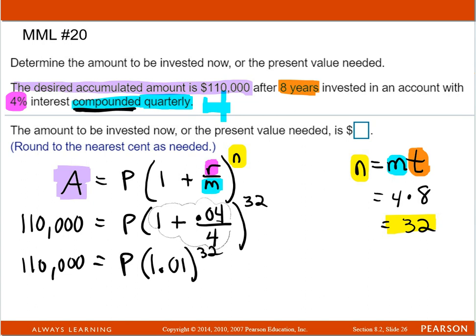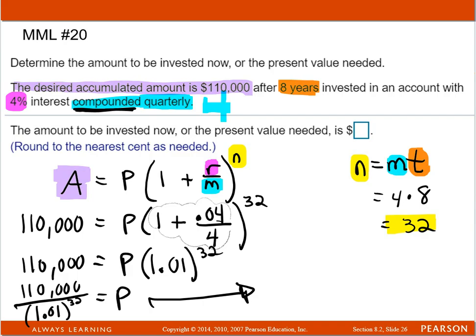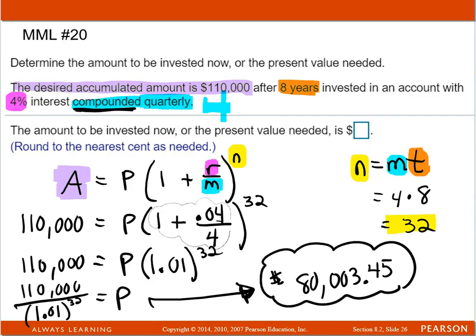To get P by itself, take the 110,000 and divide it by 1.01 raised to the 32nd power. That'll tell you how much money to invest, and once again, round to the nearest cent. So to the nearest penny, it's $80,003.45. And that is the answer I'll put in the answer box.